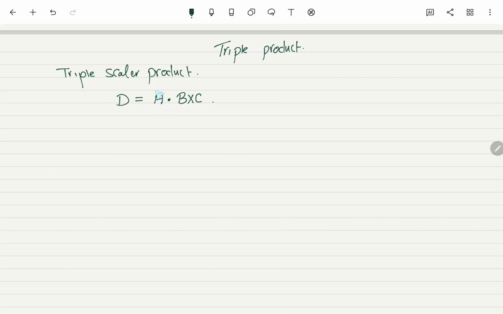So A is a vector, B is a vector, C is a vector. So B cross C is a vector quantity. So A, which is a vector, dot another vector.